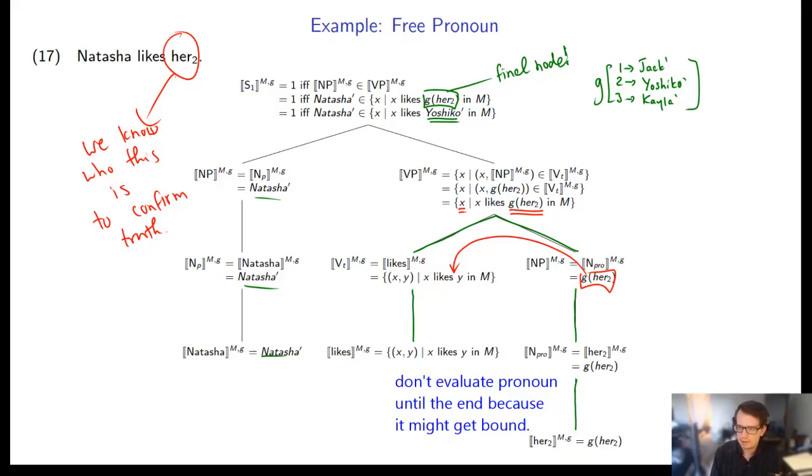Okay, so let's go to a bound pronoun, because bound pronouns are where we're going to have binding, and it's going to look a lot more like what we've been doing with the quantifiers.